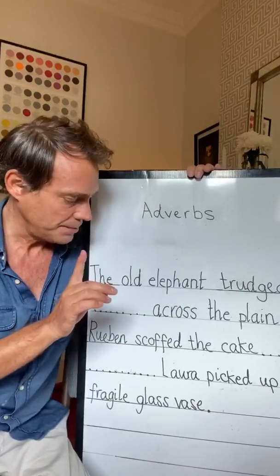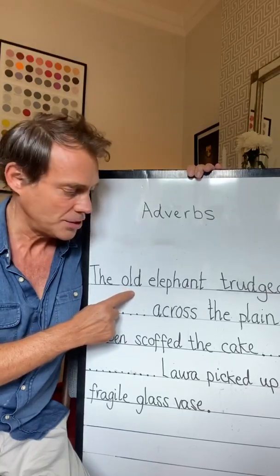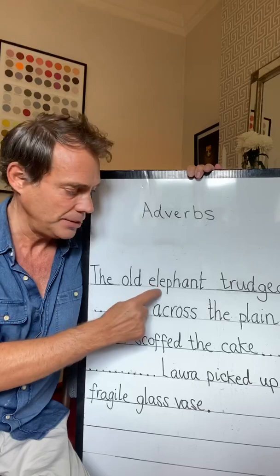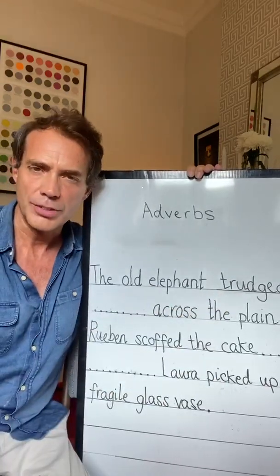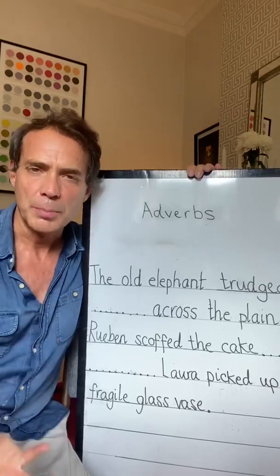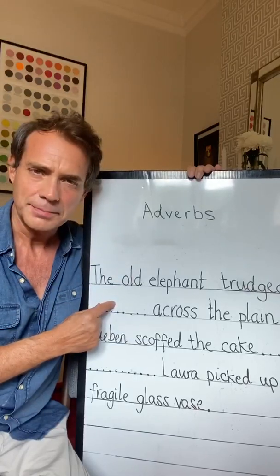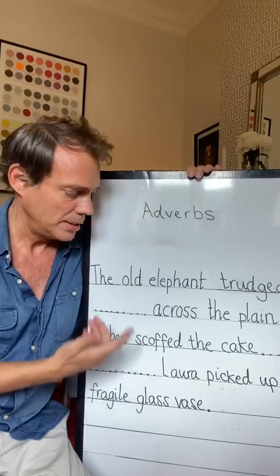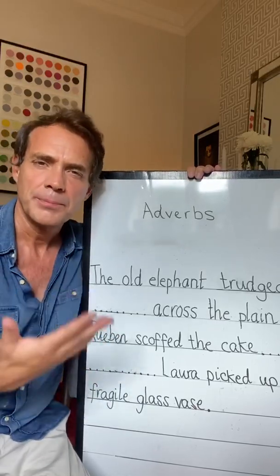And we can see we've got an adjective in this sentence. Old is describing the noun, the elephant. And here we have our verb, trudged. So we have to think of an appropriate adverb to go in here, picturing an old elephant trudging.